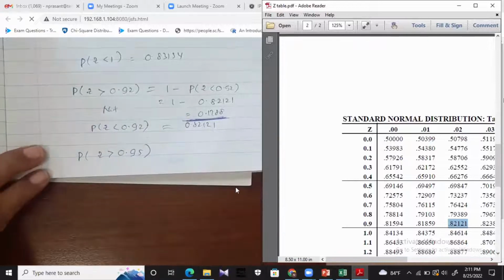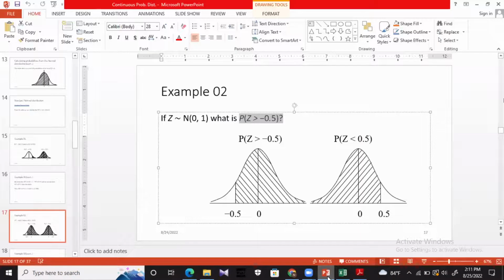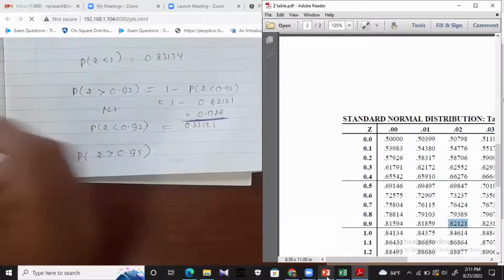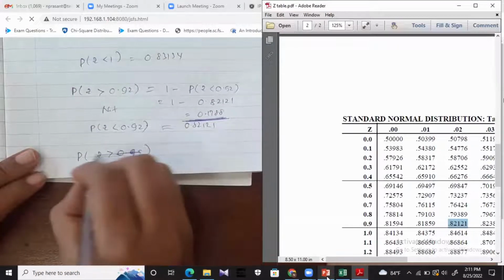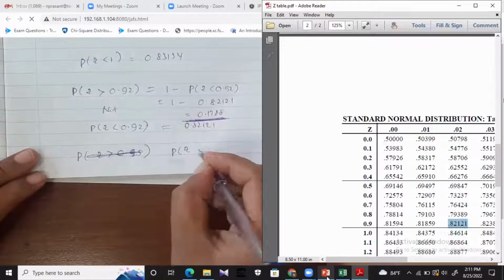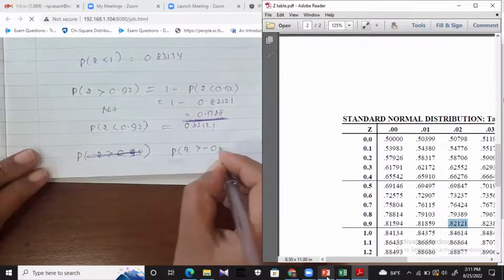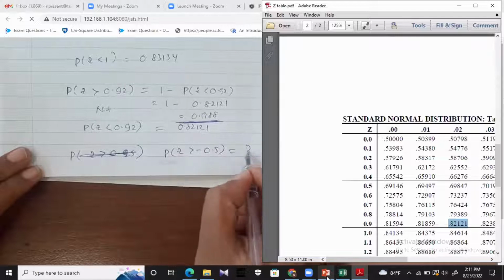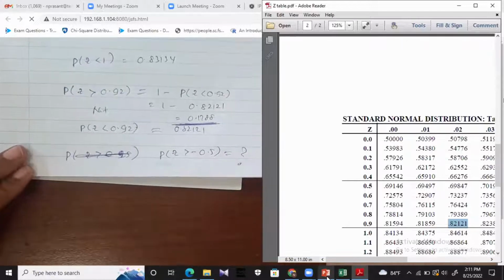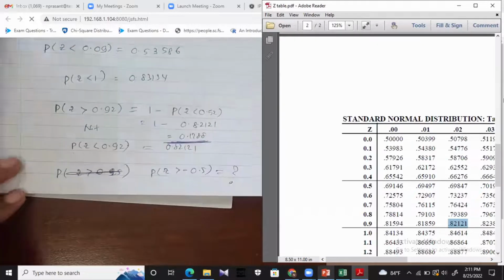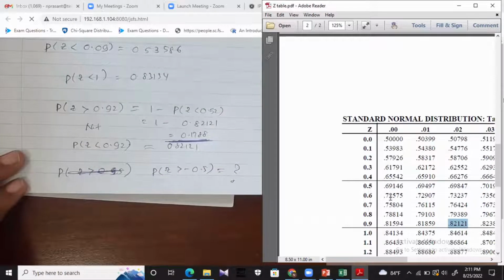Sorry, minus, just the value, minus 0.5, right? Not 95, 0.5. Okay, what is that probability? This one.